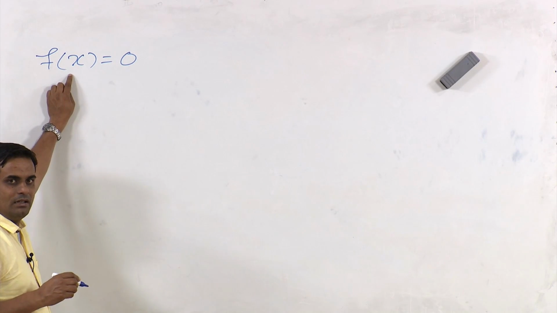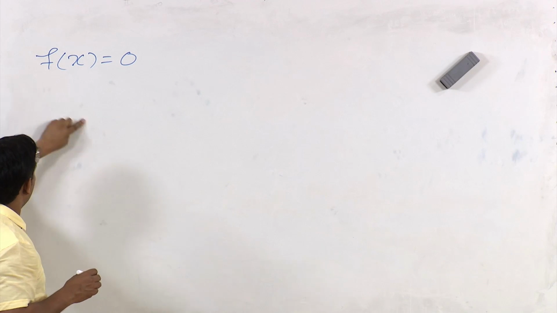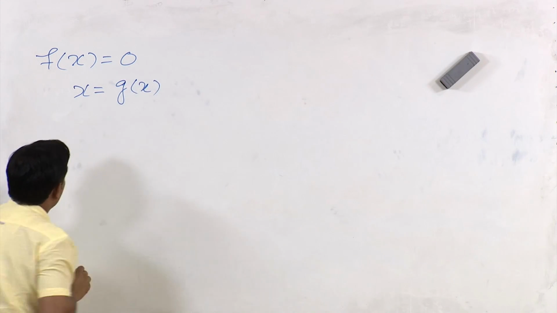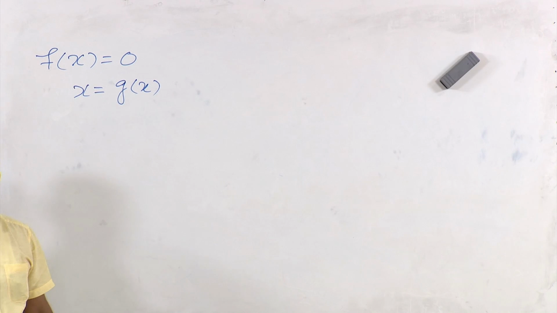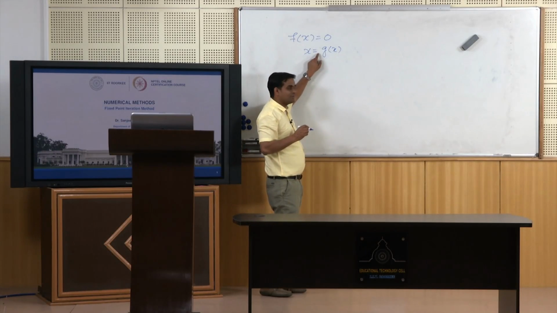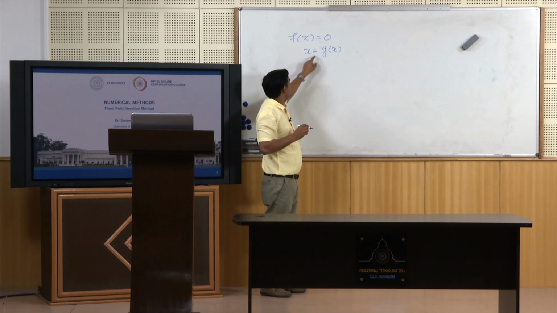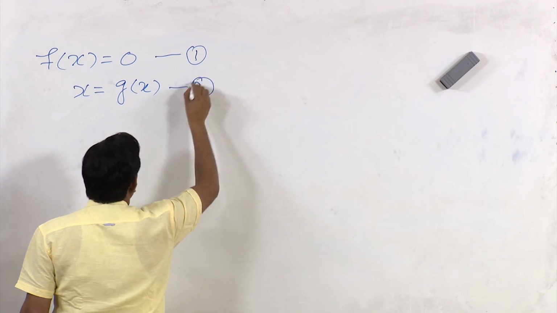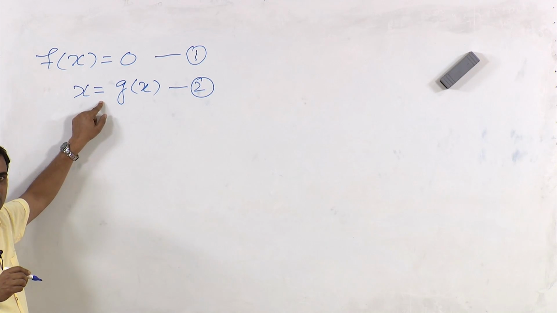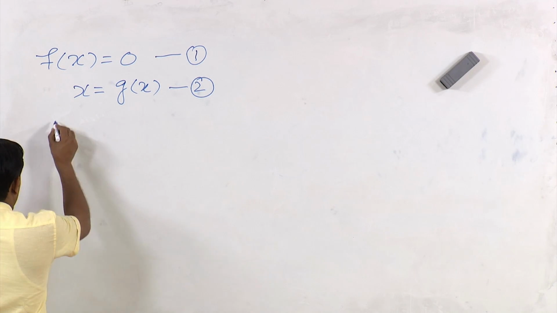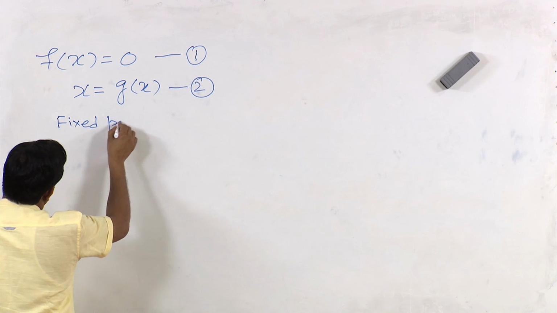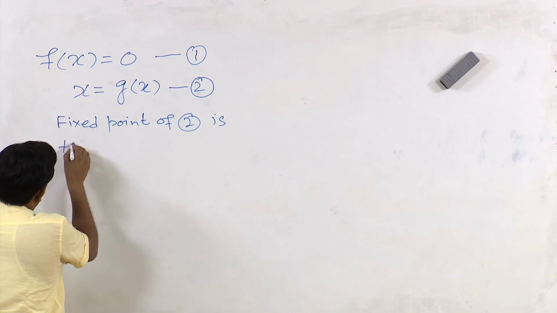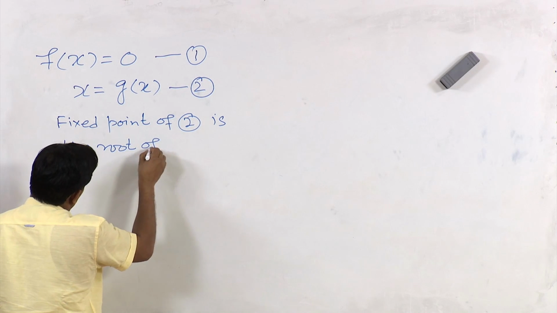We need to write this equation in such a way that I can write it as x = g(x), such that the fixed point of this equation becomes the root of the original equation. That means if this is equation 1 and this is equation 2, then the fixed point of equation 2 is the root of equation 1.